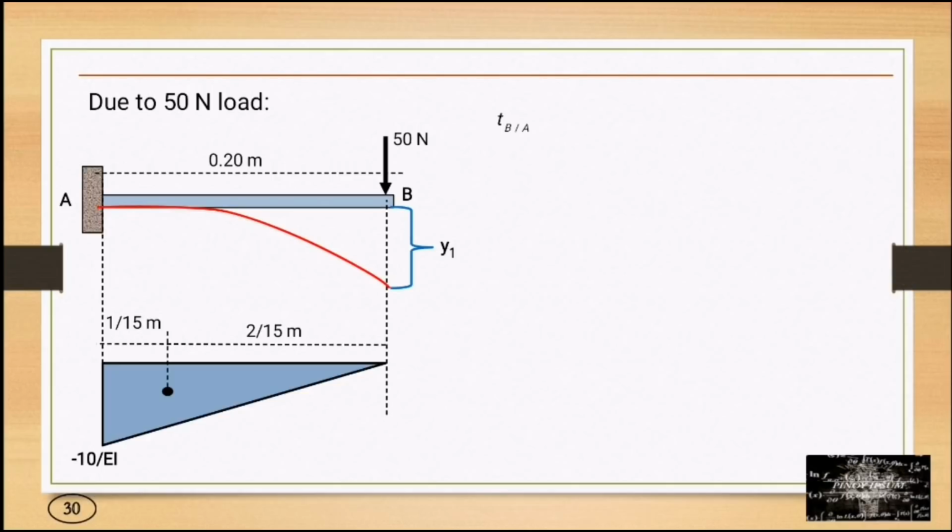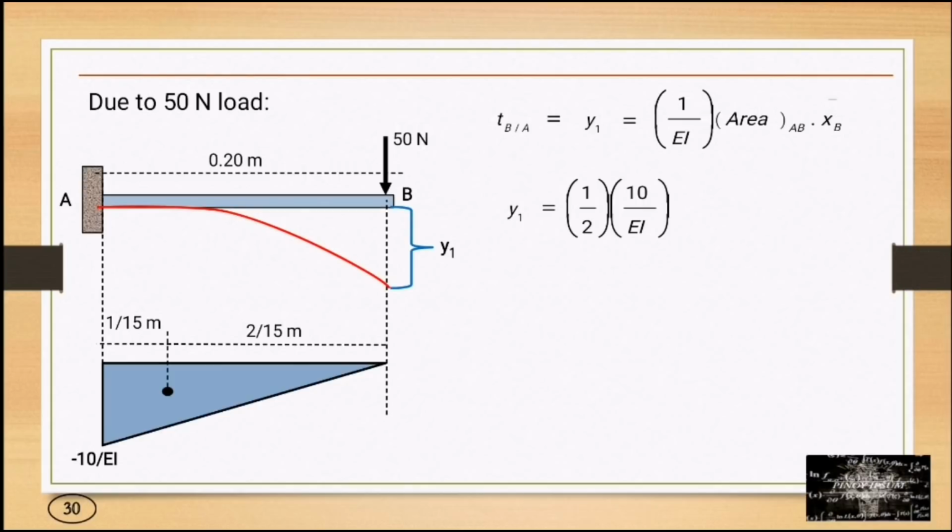Then the centroid: TBA is equal to y1, which is equal to 1 over EI times the area of the moment diagram between A and B times the centroid, or x bar, from point B. So y1 is equal to 1/2 times 10 over EI times 0.20 times the x bar, so we have 2 over 15. So y1 is equal to 2 over 15 EI.